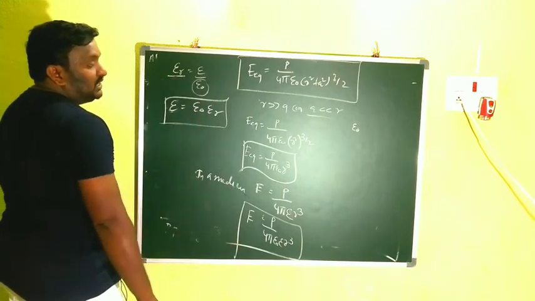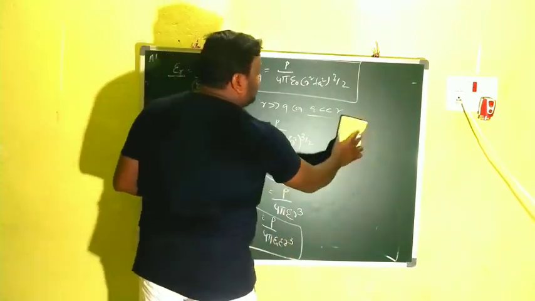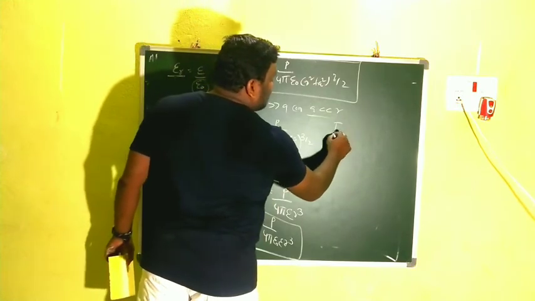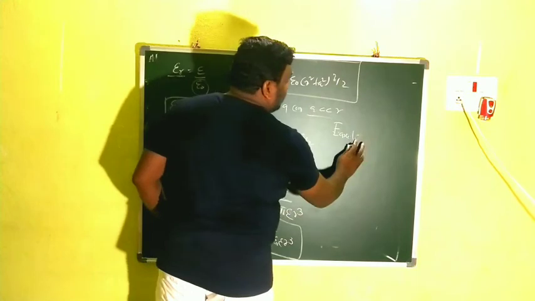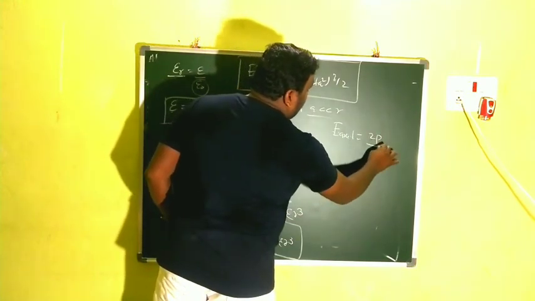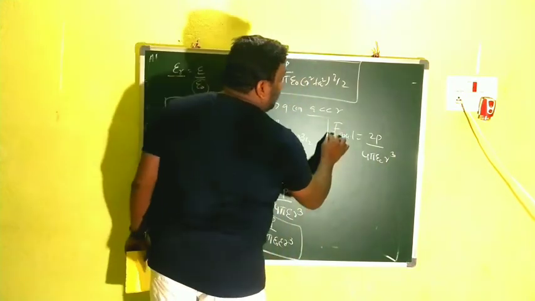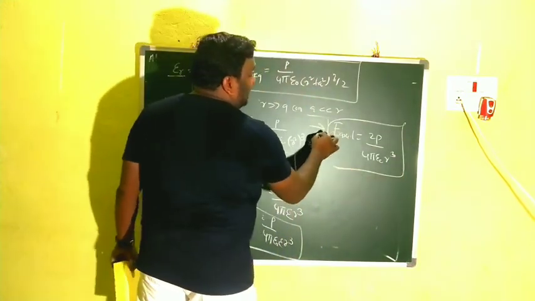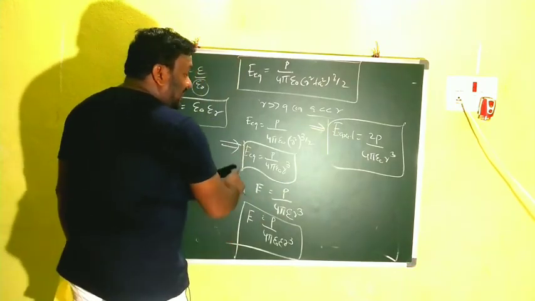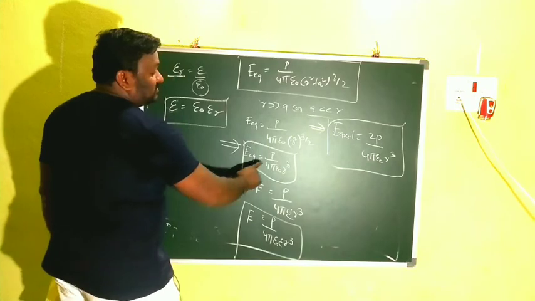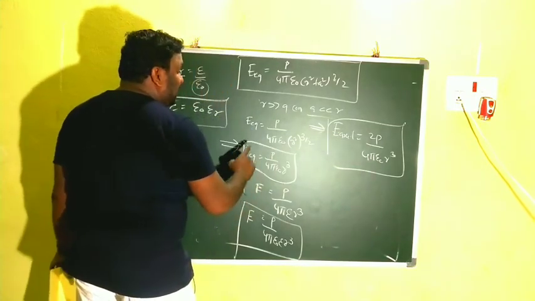And we have one more thing. You can observe that for the axial line, the electric field intensity is 2p by 4 pi epsilon naught r cube. Don't confuse, children. This is the electric field intensity on the axial line, and this is the electric field intensity on the equatorial line.